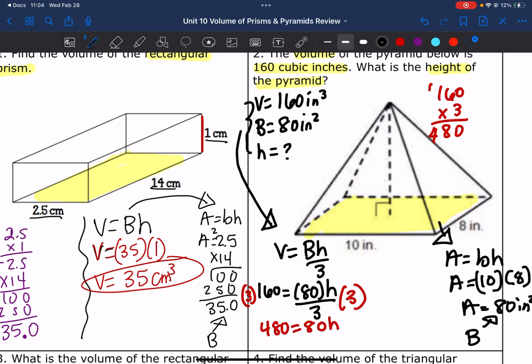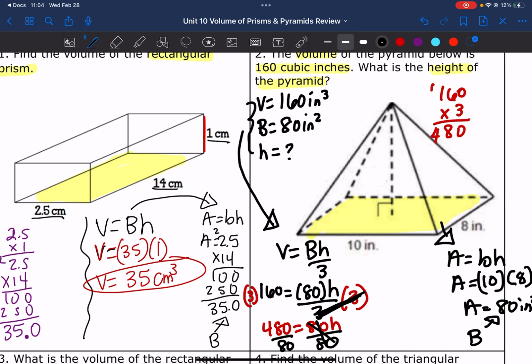Now that I have this, I can continue on to solving. I don't need the 3's anymore. They cancel each other out, so I can just cross them out. Now let's divide by 80. So here, 80 can be crossed out. They cancel each other out, and I'm left with H is equal to something.